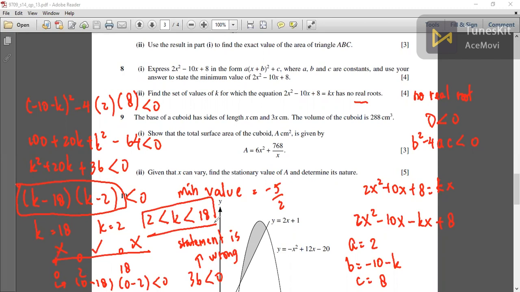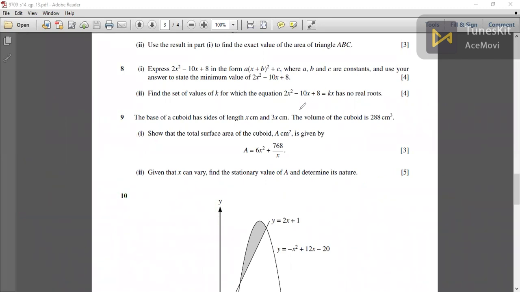Okay, that's for number 8. Number 9: the base of the cuboid has sides of length x centimeters and 3x centimeters, the volume is that one, and the total surface area of the cuboid, A centimeters squared, is that.